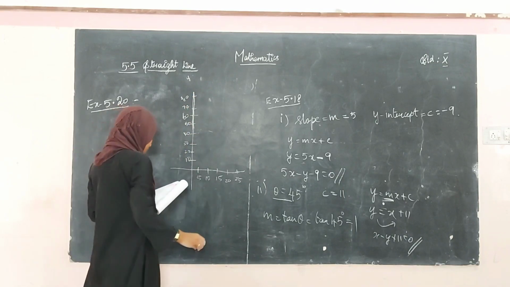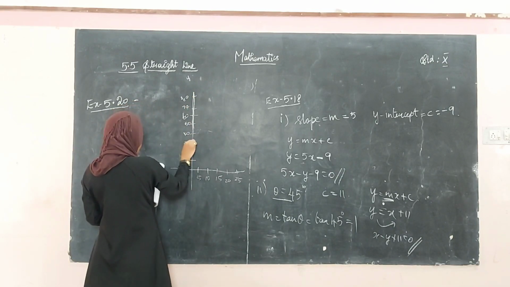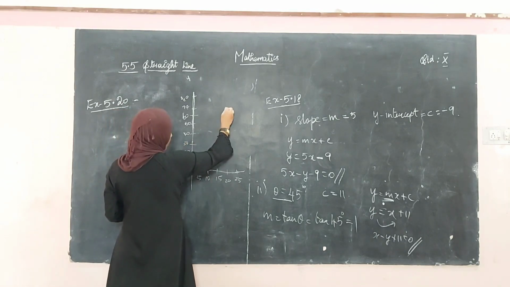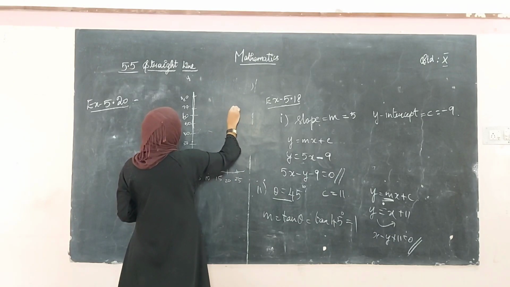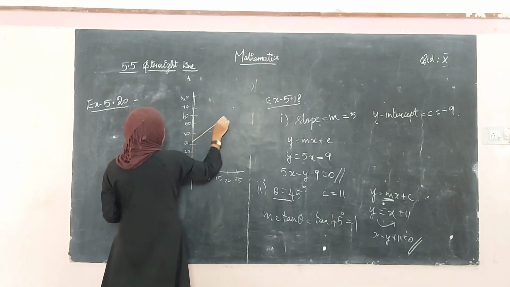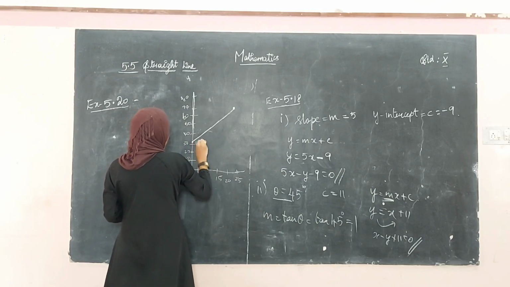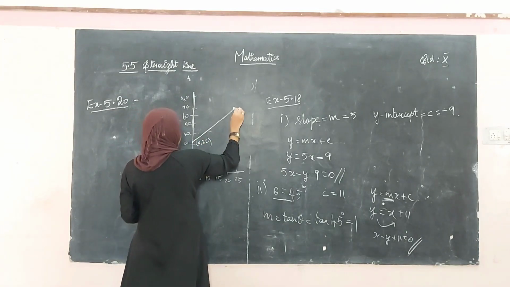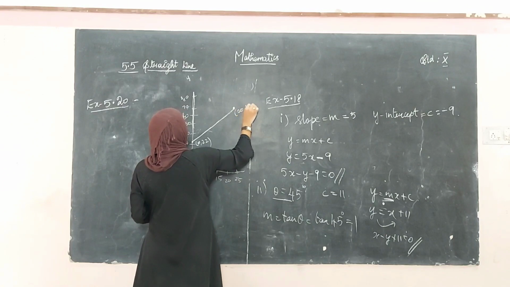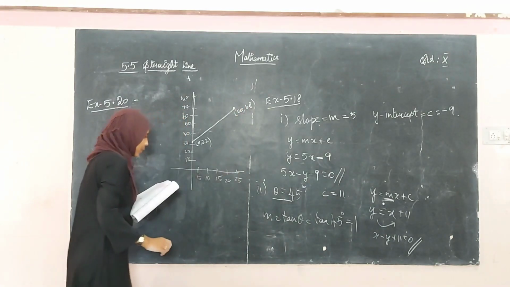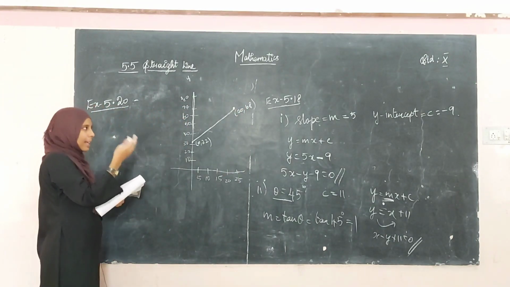Okay, so it's starting from 32. Then 20, 68. So here it is. So the line is like this. This is the point 0, 32 and this point is 20, 68. Okay, so this is the line given there.